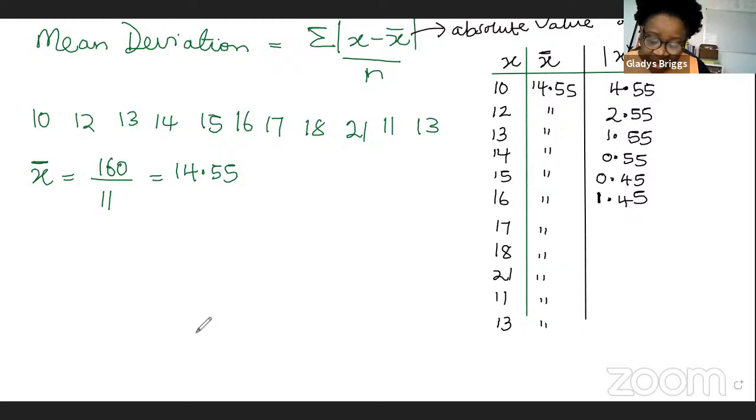The next one is 17. 2.45. And you should have 3.45. 21 minus 6.45. 11.